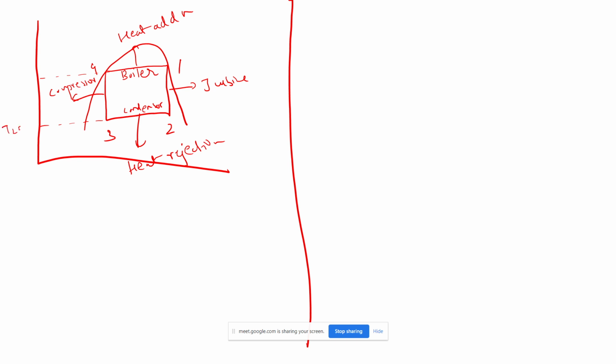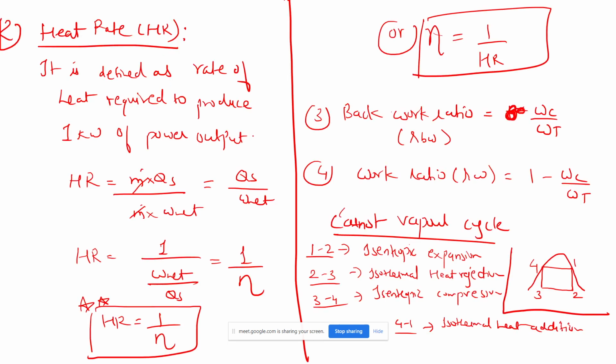Temperature T2 equals T3. This is the temperature-entropy TS curve. S3 will be equal to S4 and S1 equal to S2. Here T1 is equal to T4. Is it okay?